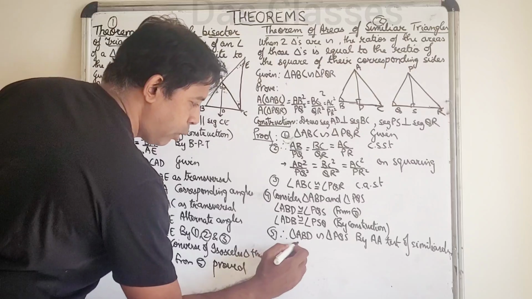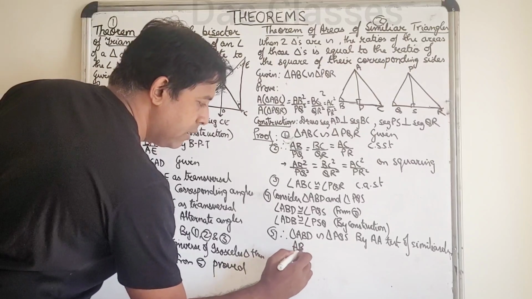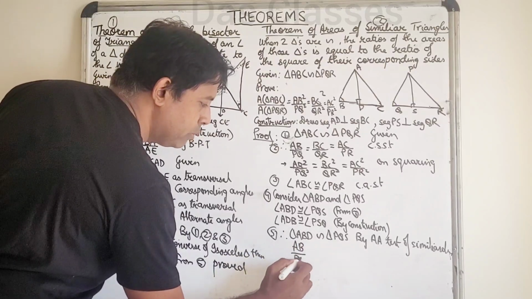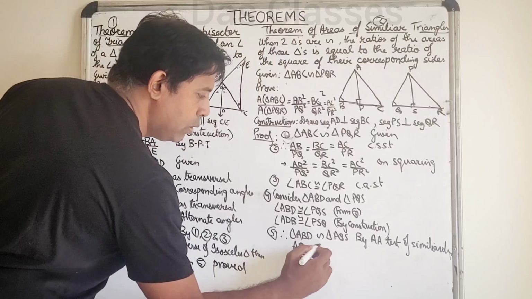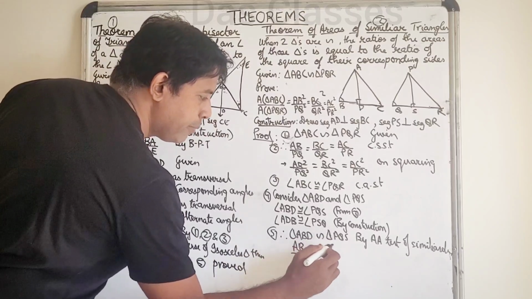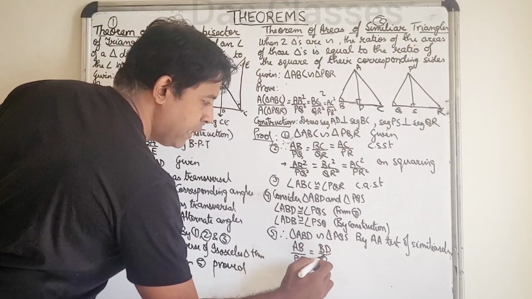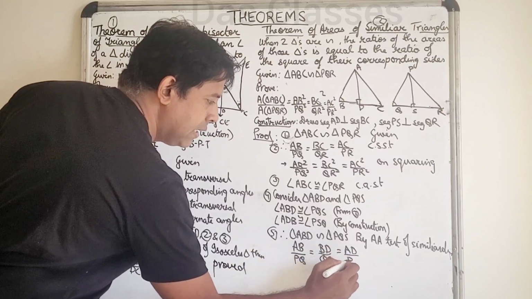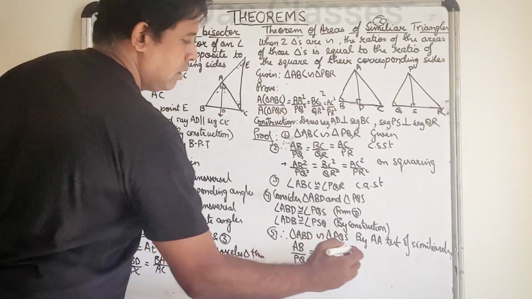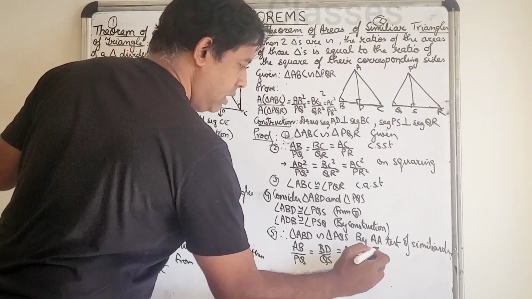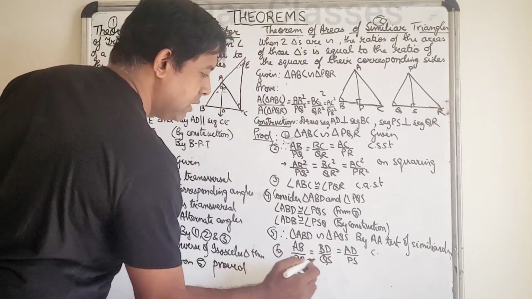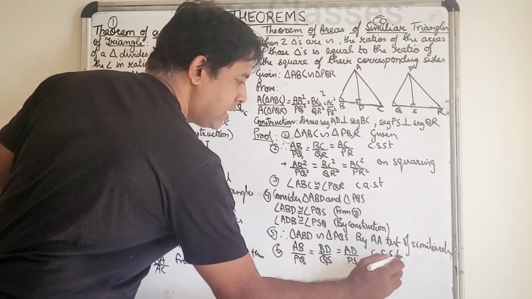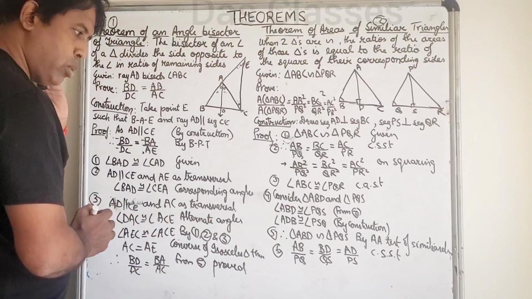So we can write the property AB upon PQ will be equal to BD upon QS is equal to AD upon PS. Same thing. Let us give this number 6. CSST, again, as the triangles are similar, we can say that the sides are proportional.